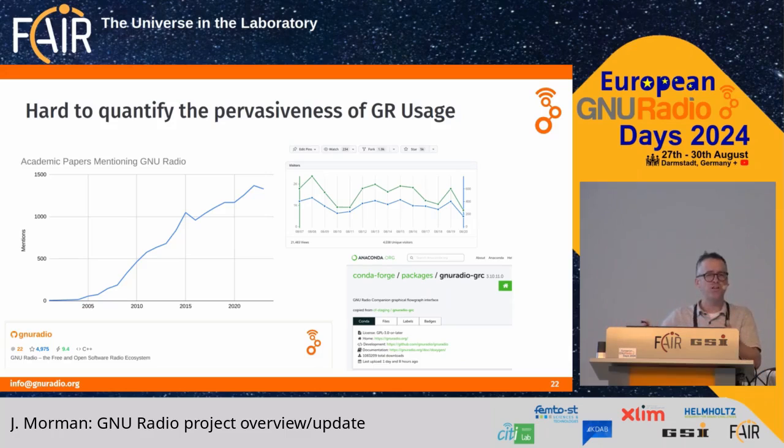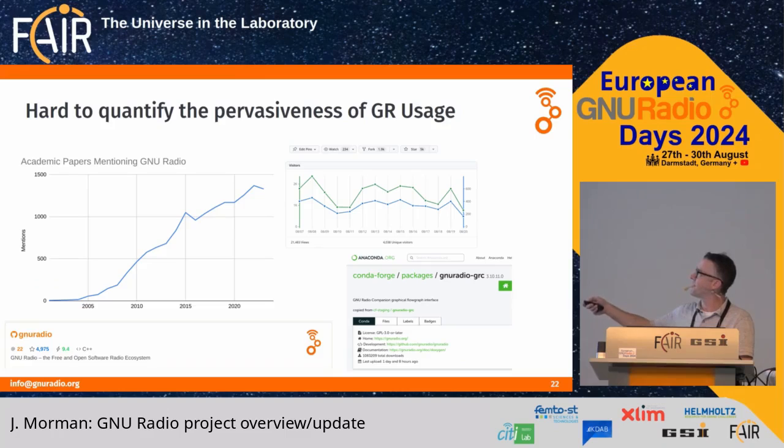And in various ways you look at it, the numbers are different. But definitely there's a healthy number of academic publications using GNU Radio that make it onto Google Scholar. That's a little bit delayed, so this goes up to 2023. But it definitely has stayed healthy over the years and grown over time.